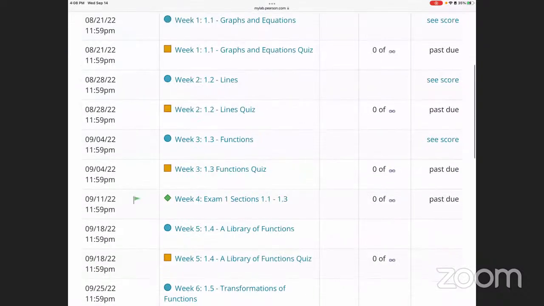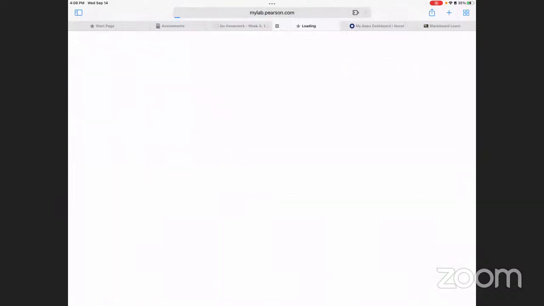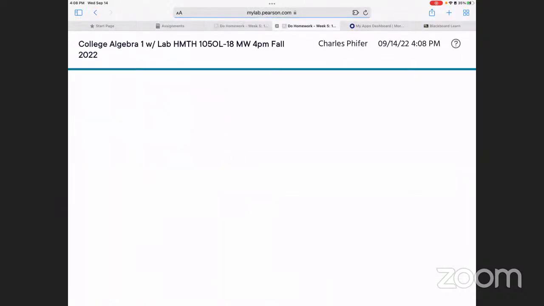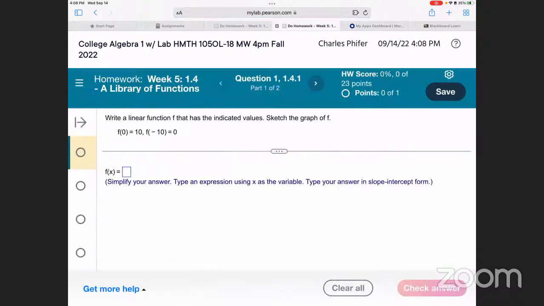All right, so this is week 5, so we're here. This one asks us to write a linear function that has the indicated values and sketch the graph. So let's start getting a copy of this.